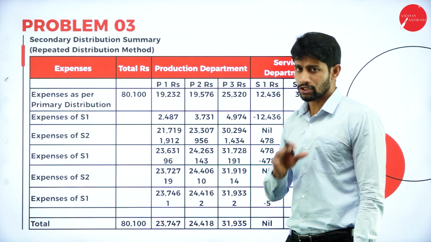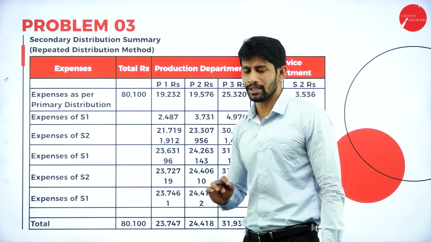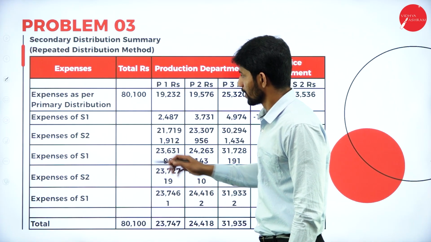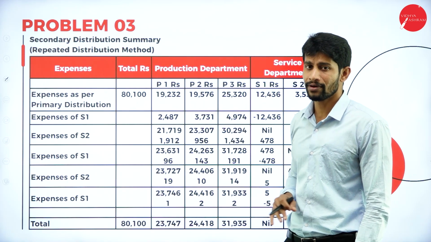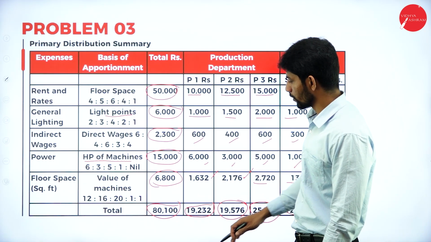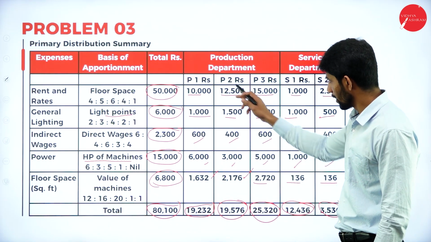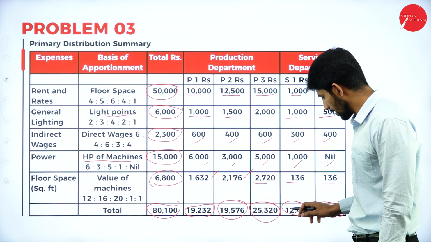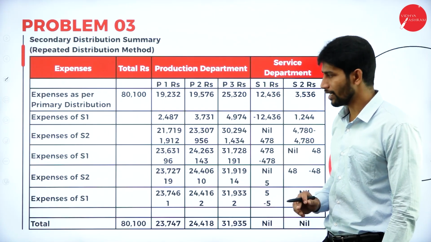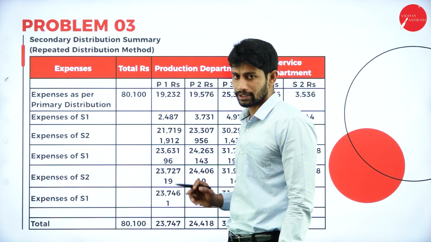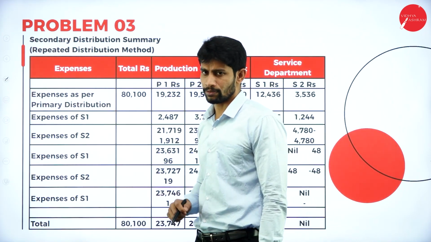Expenses total, that is total expenses, production department, service department. In secondary distribution, first you are supposed to write the expenses as per primary distribution. That means the total expenses you have as per the primary distribution: 80,100, and department 1, department 2, department 3, service department 1, service department 2. So I have written it. 80,100 is the total expenses as per primary distribution.